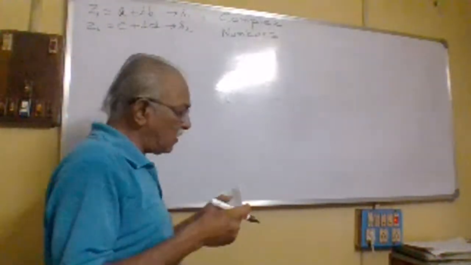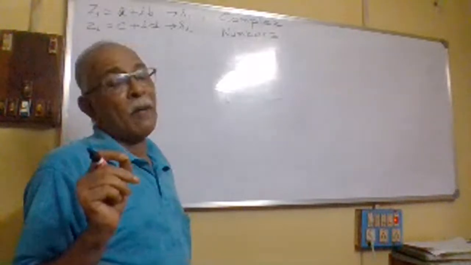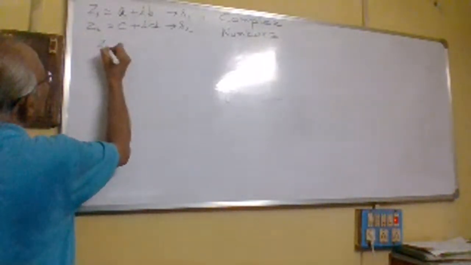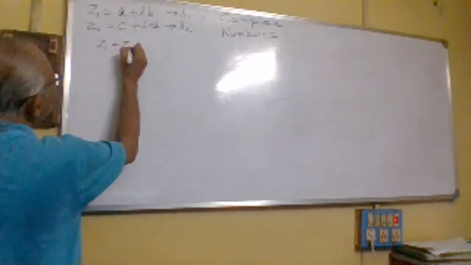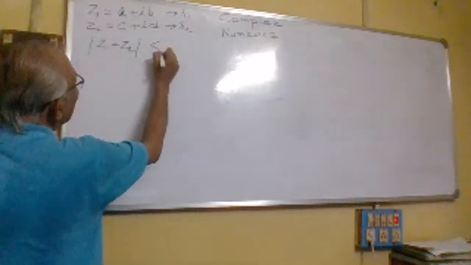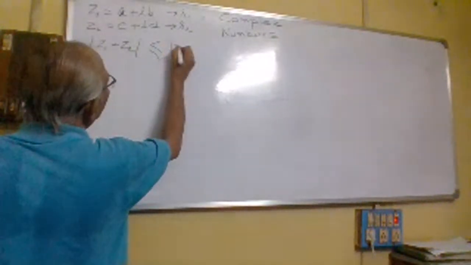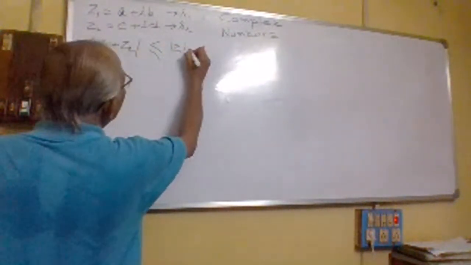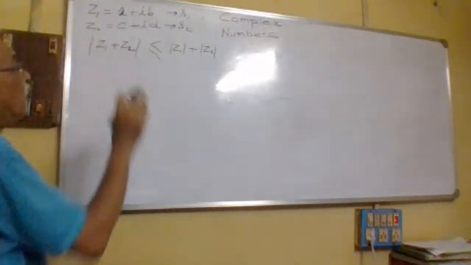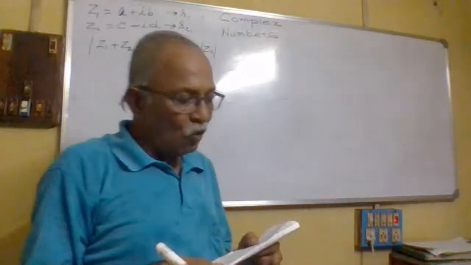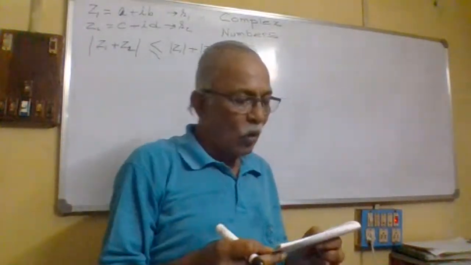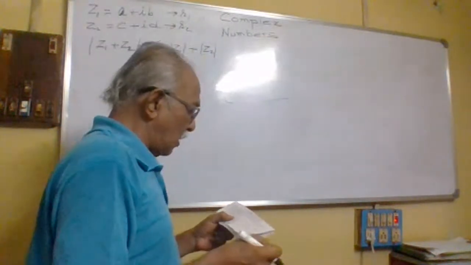Now the properties. Modulus of the sum, that means modulus of Z1 plus Z2, is less than or equal to modulus of Z1 plus modulus of Z2. These things you have to remember: modulus of the sum is less than or equal to the sum of the moduli.